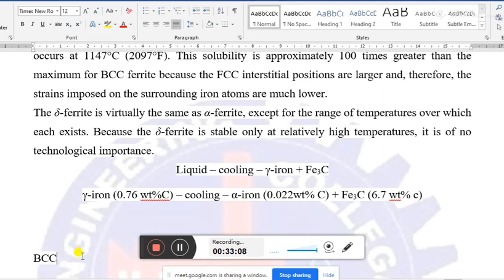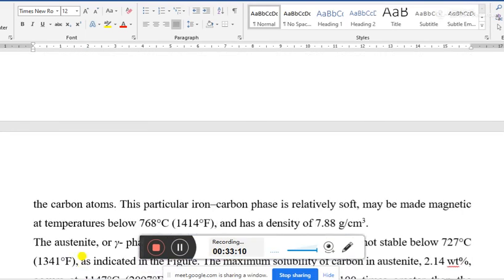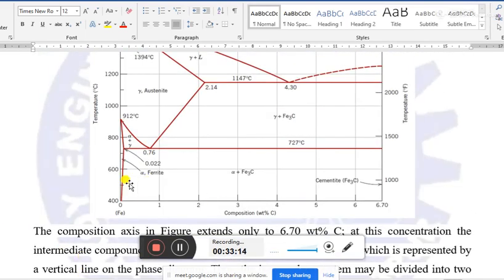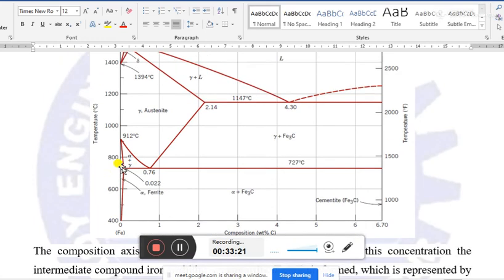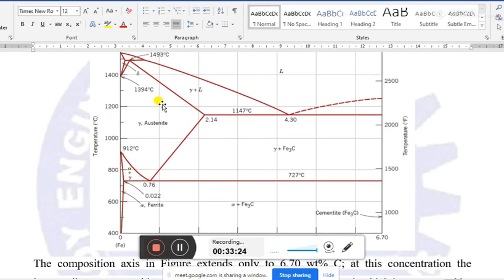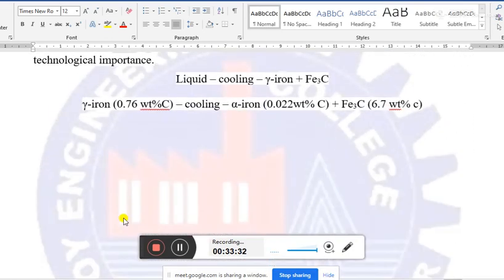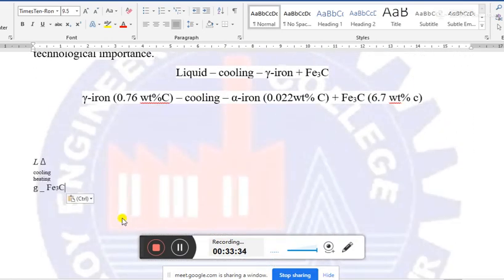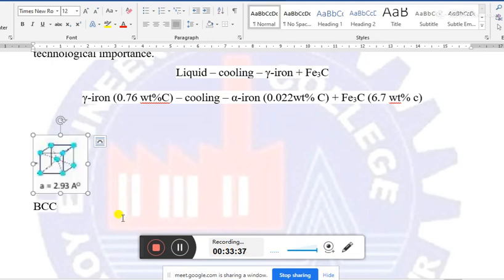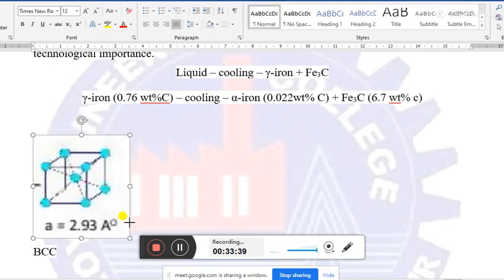And one thing I think I have skipped is the reason why the solubility of carbon in alpha iron or ferrite is this low and in gamma iron or austenite is high. The reason is the molecular structure, as there is one iron atom at the center of the cube.